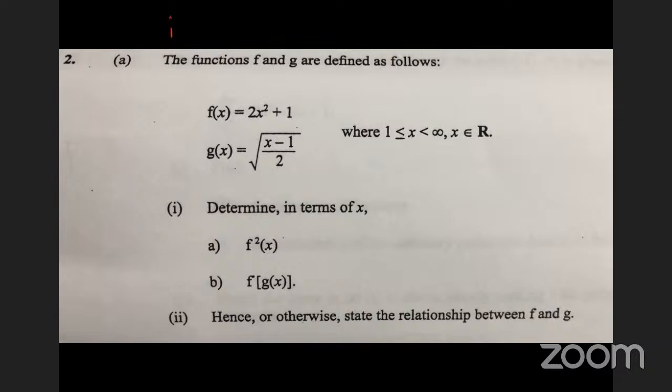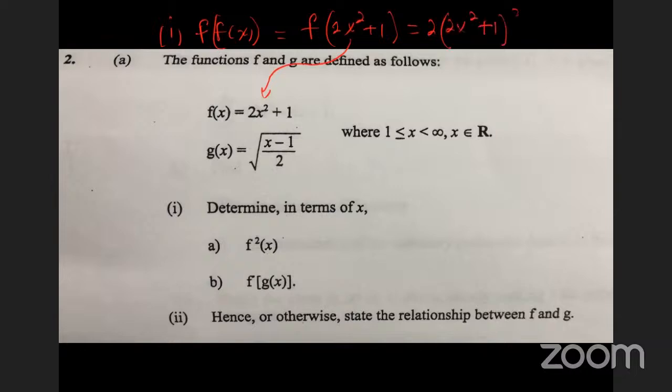So part 1, they want you to find f of f of x. So f of, open brackets, we are replacing f of x with 2x squared plus 1. And then I'm going to put 2x squared plus 1 right in there. So I'll have 2 open brackets, 2x squared plus 1 all squared plus 1. All right?